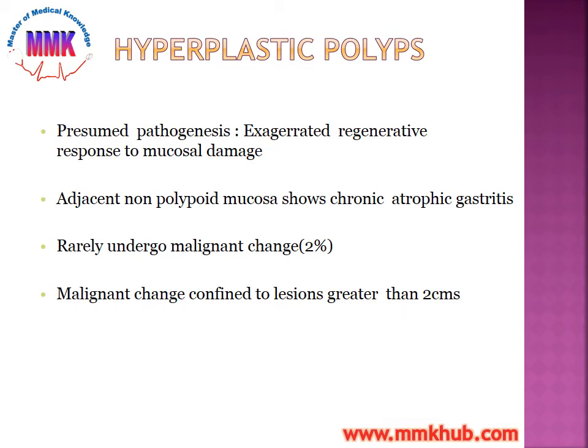Adjacent non-polypoid mucosa shows chronic atrophic gastritis. Hyperplastic polyps rarely undergo malignant change, and if malignant change has to occur, the polyp size is usually greater than 2 centimeters.